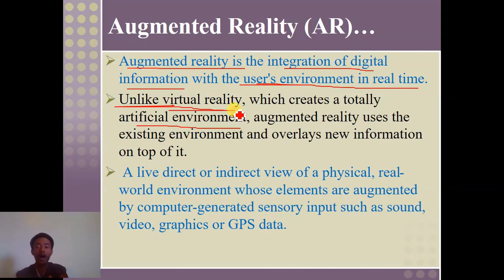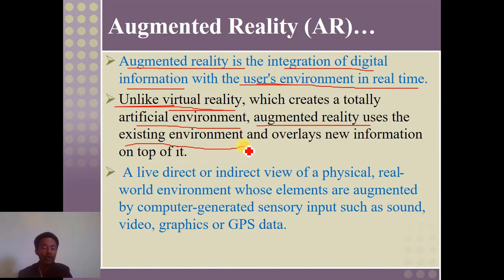So augmented reality uses the existing environment. It is not intended to convert the real world from its existence into virtual, but rather to add computer-generated effects, computer-generated digital information, upon the real world entity.